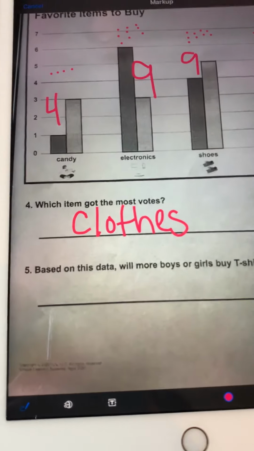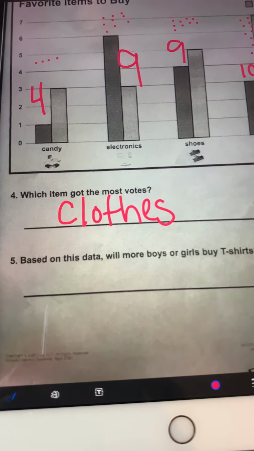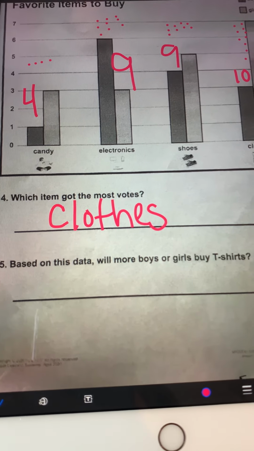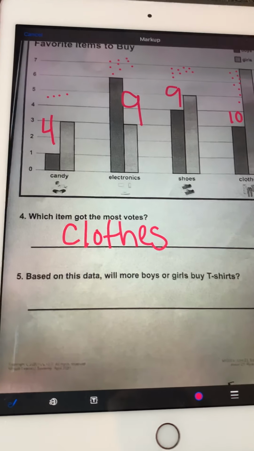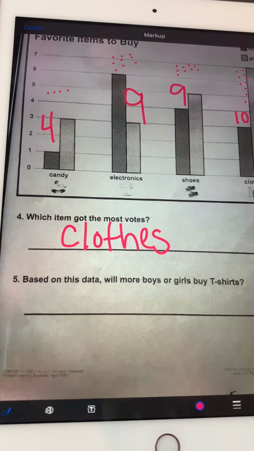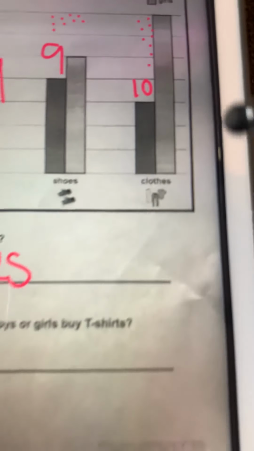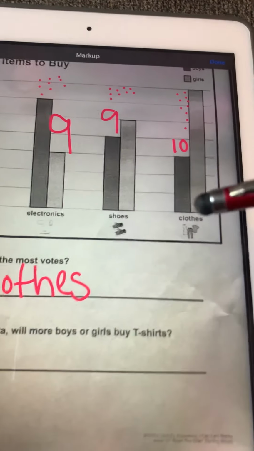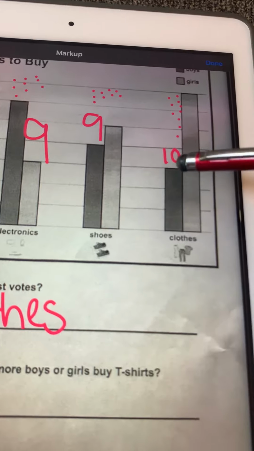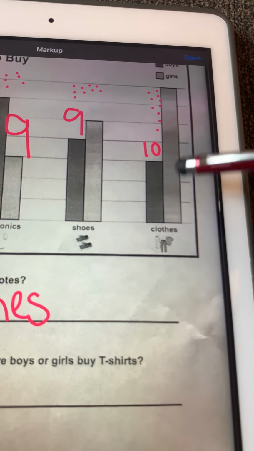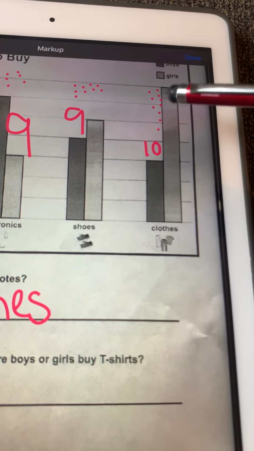And it says, based on this data, will more boys or girls buy t-shirts? Okay, so t-shirts is in the clothes because it has the little shirts and pants and dresses. And which one is higher? Is the boy graph higher or is the girl graph higher?